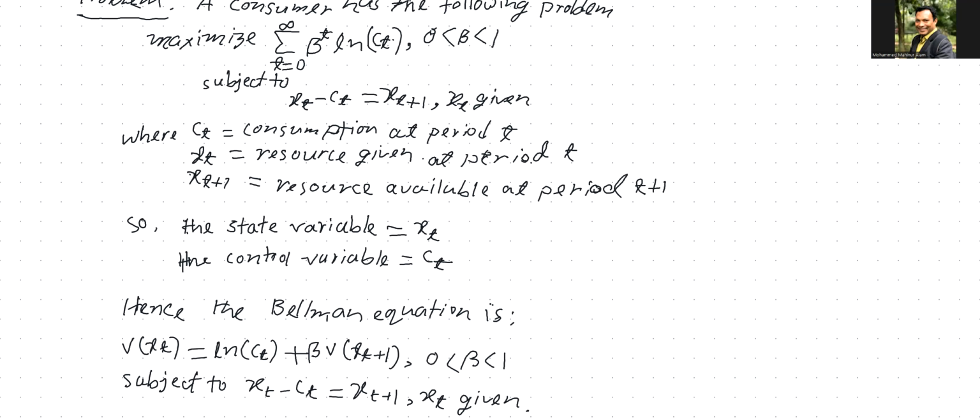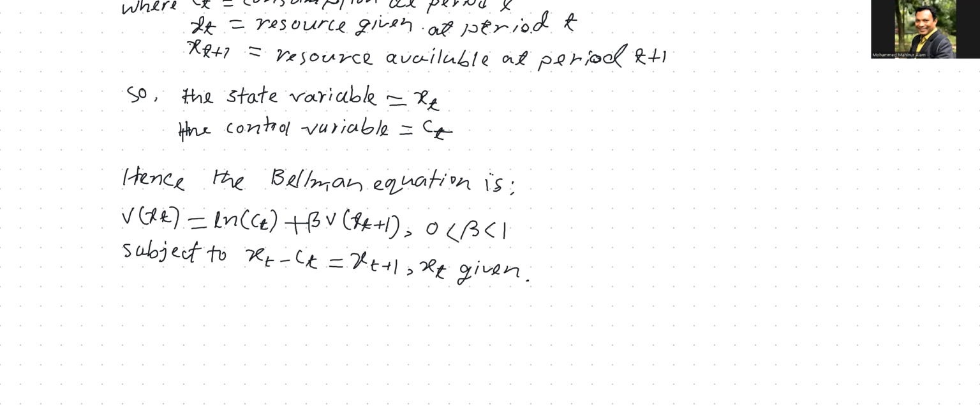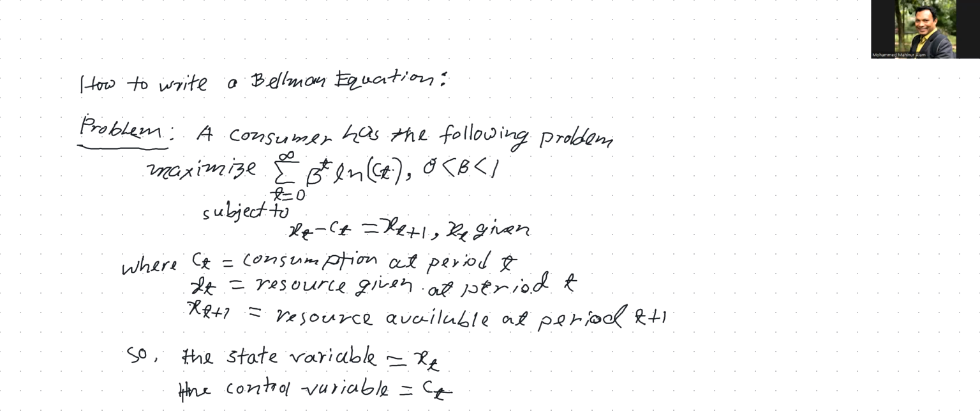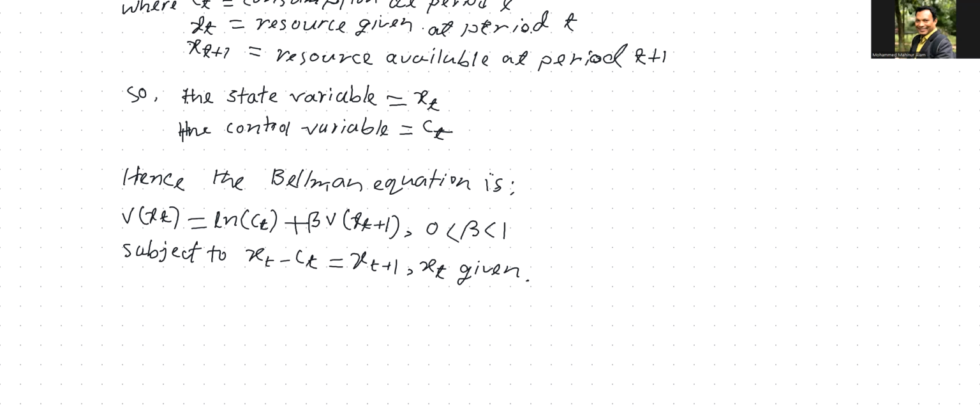The Bellman equation expresses the value as a function of the state variable at time t. So the value of the x variable at time t, v of x sub t, is equal to the utility of the consumer, which is here ln of c sub t, plus the discount factor that we have here, beta, times the value function at t plus 1.